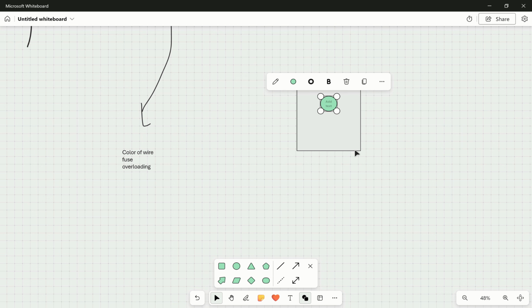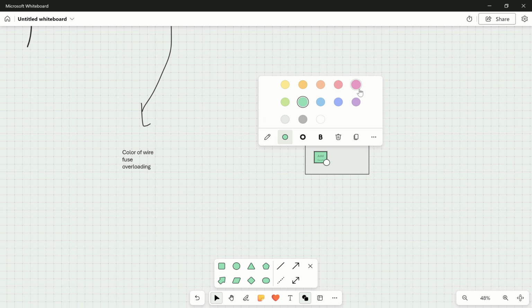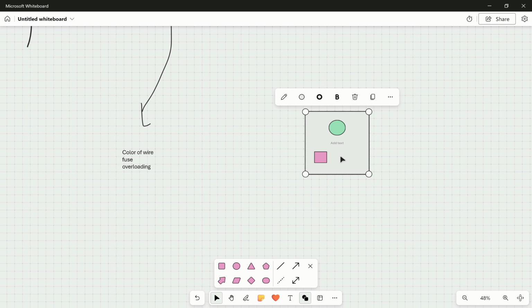The second is a square type of. Here, let's take this color as red. Unfortunately, there is no red, so we will take pink. And the third here, which is black. We will take this as black.